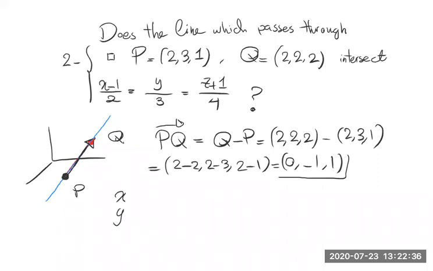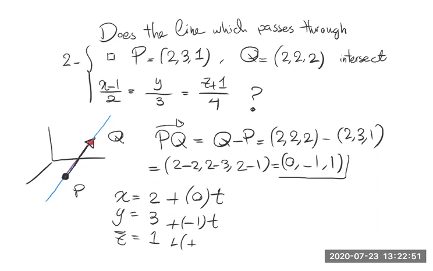The equation would be x, y, z equal this point P, 2, 3, 1, plus these numbers times t: 0 times t, minus 1 times t, plus 1 times t. So it would be 2, 3 minus t, 1 plus t. Okay, that would be the equation of this line.